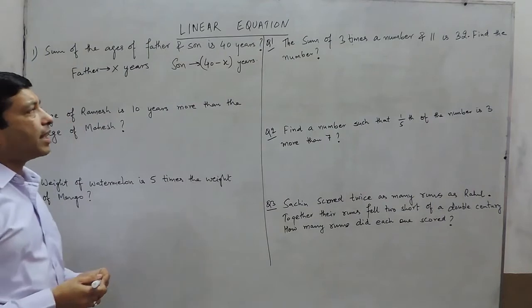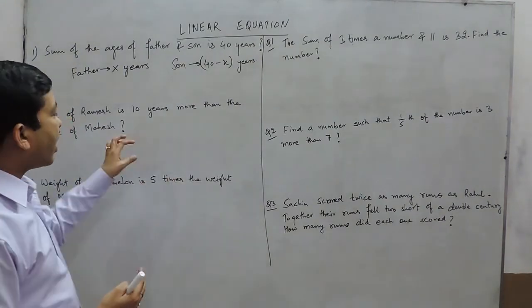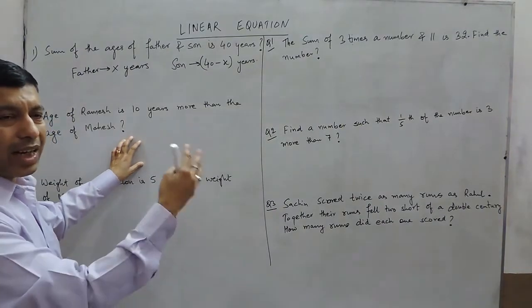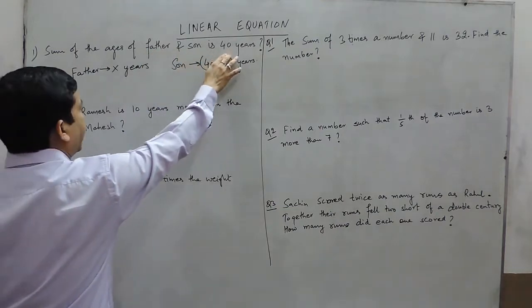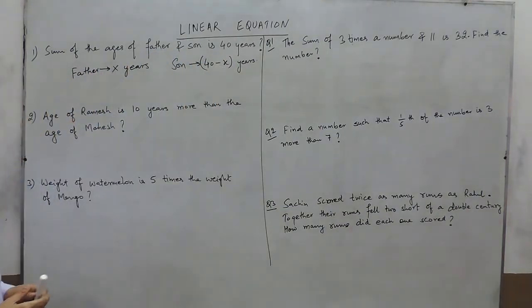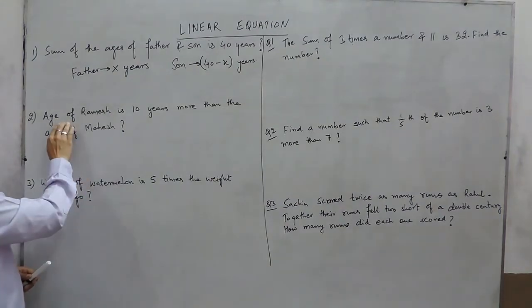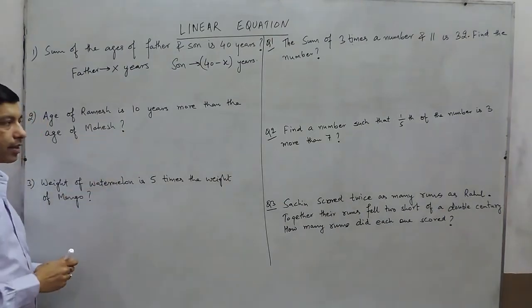This is exactly the same as if the sum of two numbers is 20 and one number is 7, then the other number is 20 minus 7. Same way, if the sum is 40 and the father's age is x years, definitely the age of son is 40 minus x.